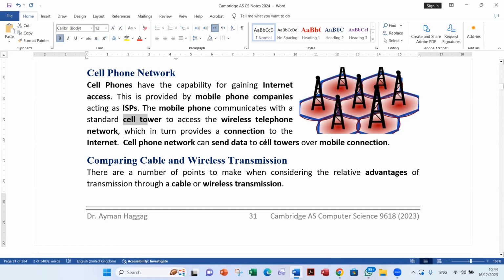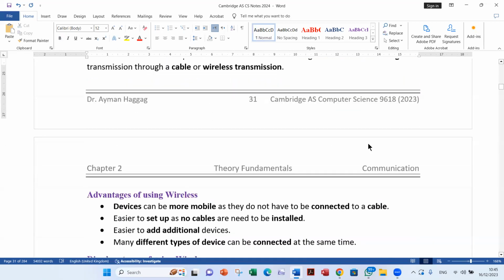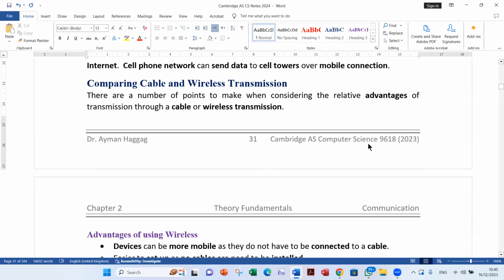The cell phone network can send and receive data to all towers over mobile connection. You have the flexibility of moving around with your cell phone, and then you are communicating with the nearest tower. My notes are so full of material from past papers, comparing cable and wireless transmission.